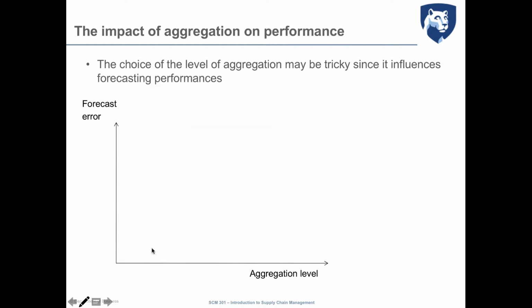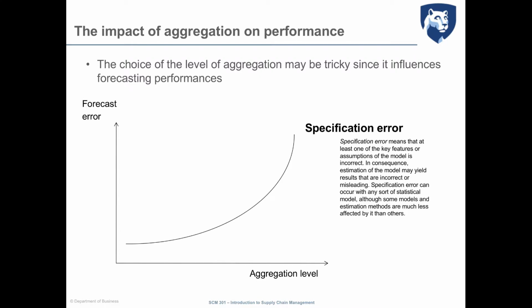This has implication because if we map the aggregation level in correspondence to the forecast error, so how high is the probability to be wrong in doing forecast or in managing this demand, we can see that the higher the aggregation level, so the higher I aggregate the demand that my demand management process needs to manage, the higher is what is called specification error.